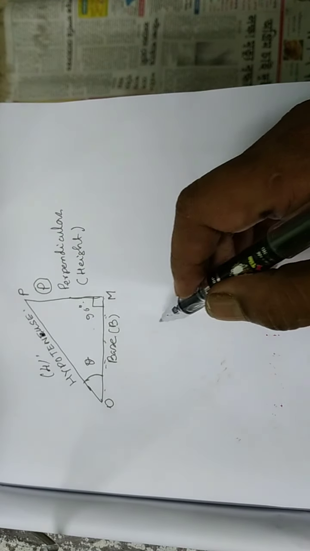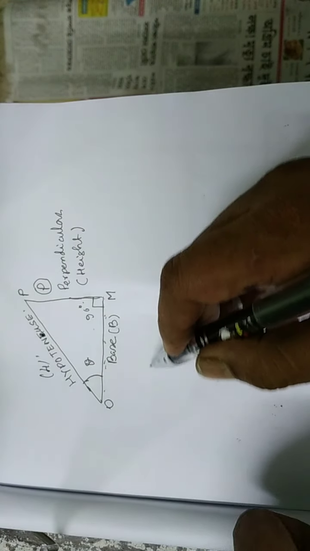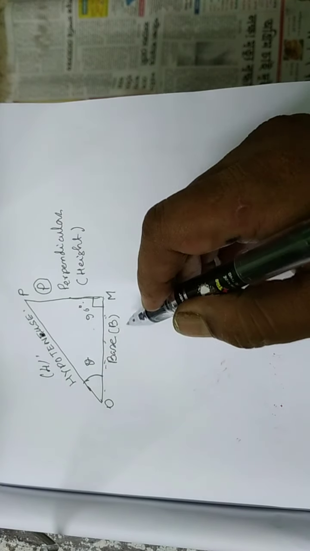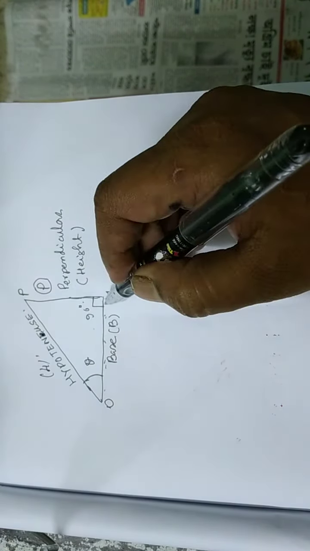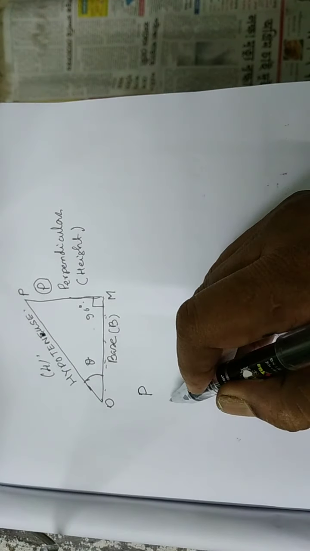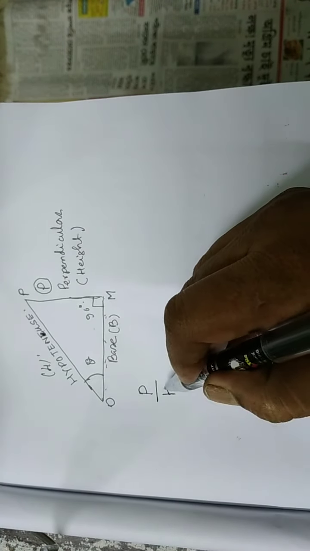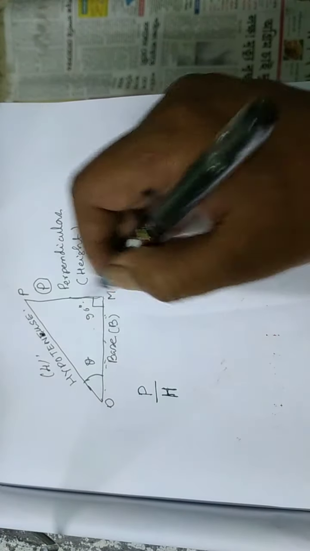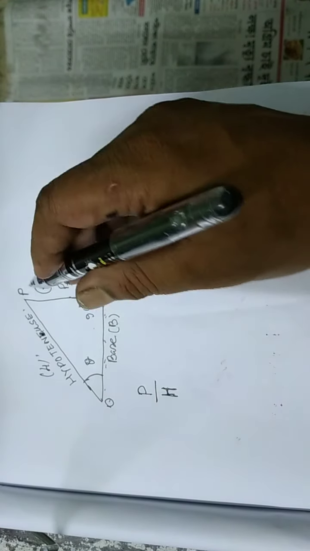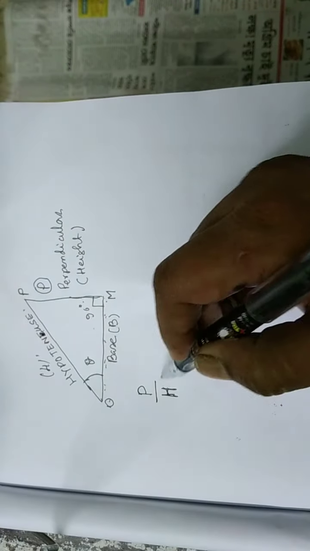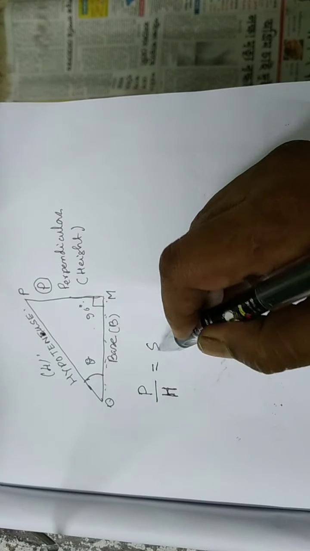In this triangle, if you take the ratio of perpendicular with respect to hypotenuse, the length of perpendicular divided by the length of hypotenuse, it is known as sine of theta.